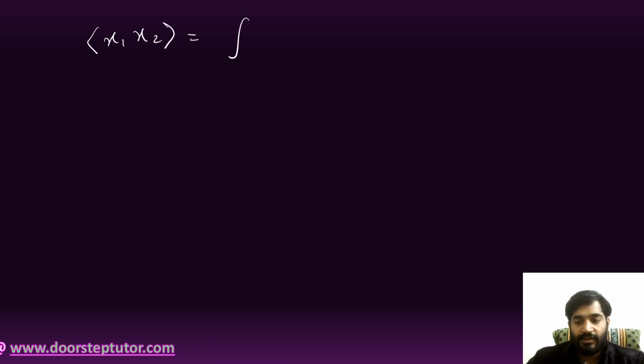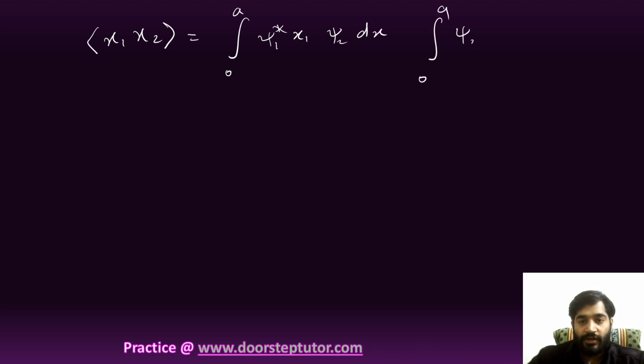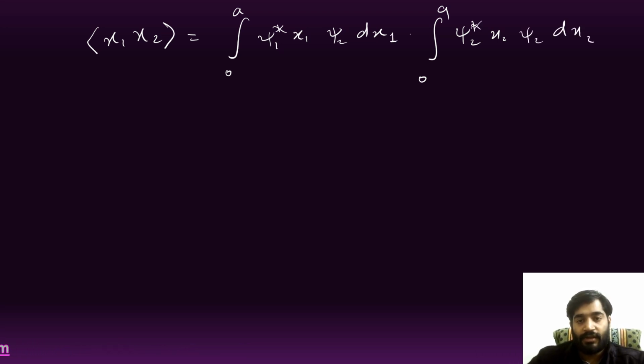So I'm going to break this. Just look at this. It's going to be the integral from 0 to a, given that the potential well has the limit from 0 to a. So it's psi1 asterisk x1 psi1, then 0 to a psi2 asterisk x2 psi2 dx2, and this is dx1. Clear?